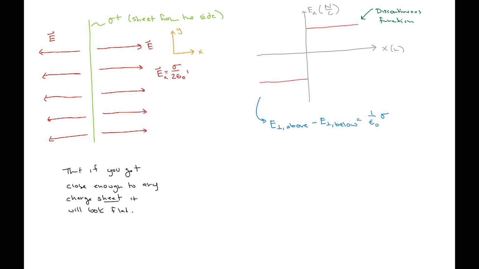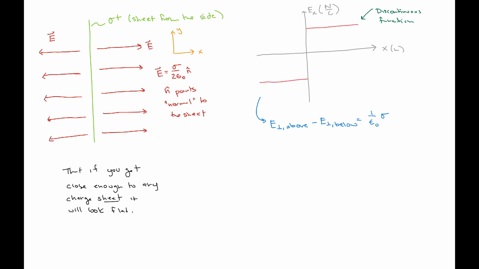I'm going to make this an n hat, where n hat points away from the sheet. So I could get this out of the straight math. The book uses Gauss's law to get this.